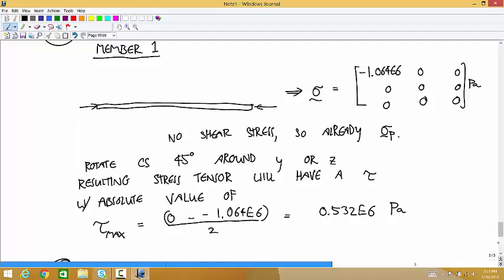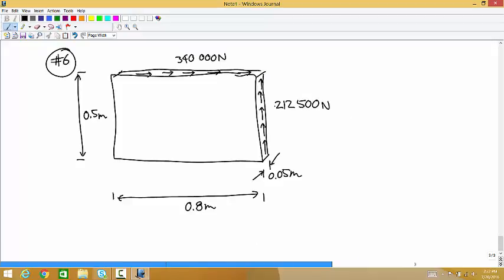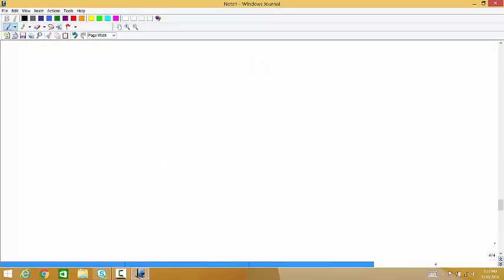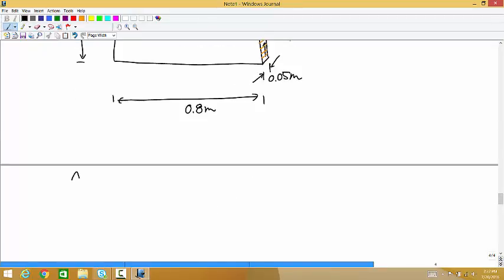So think of this, call this area 1, and this is area 2. Area 1 is equal to 0.5 times 0.05. That's 0.025.